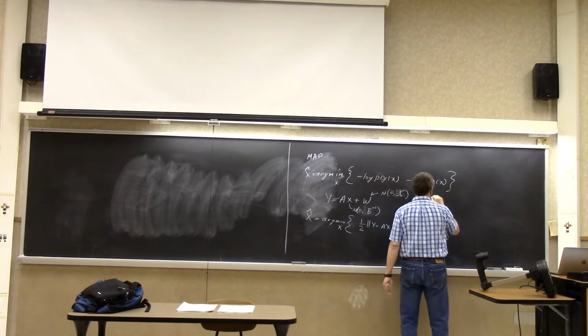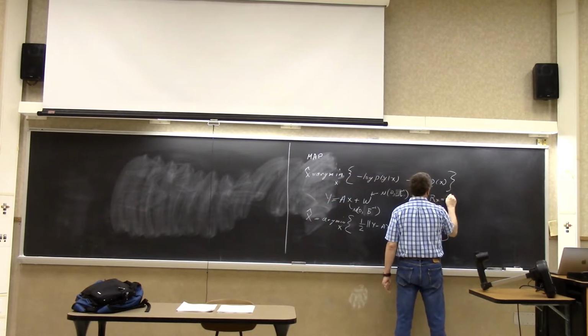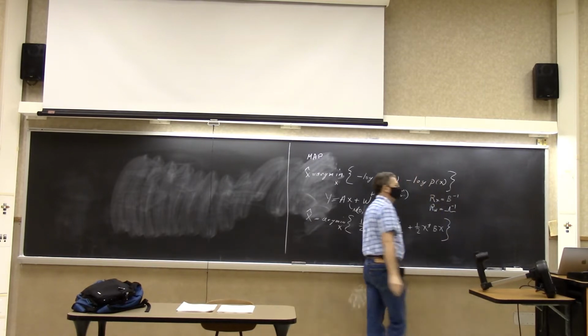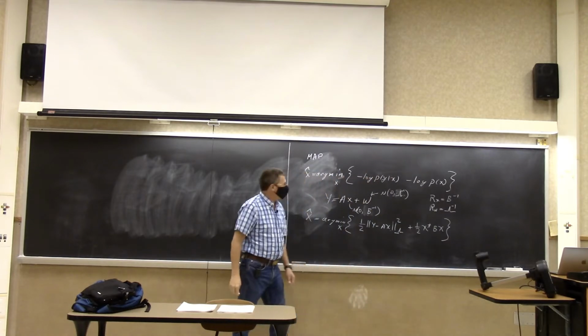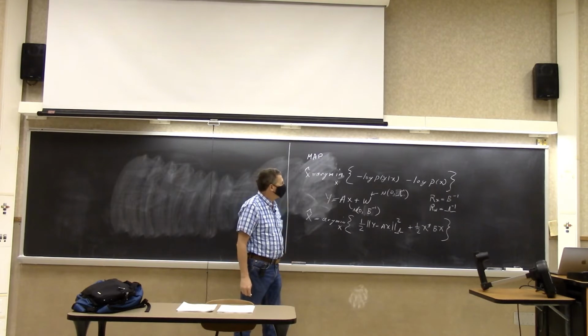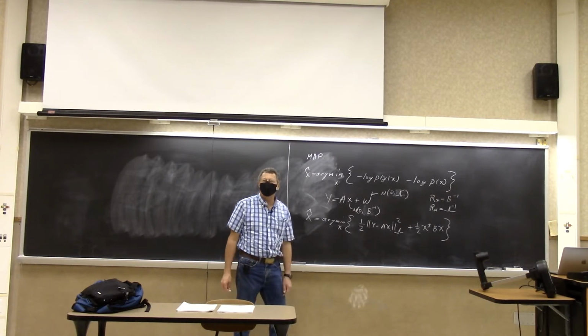So Rx is equal to B inverse, and Rw is equal to lambda inverse, okay? So lambda and B are the precision matrices, and Rx and Rw are the covariance matrices, right?